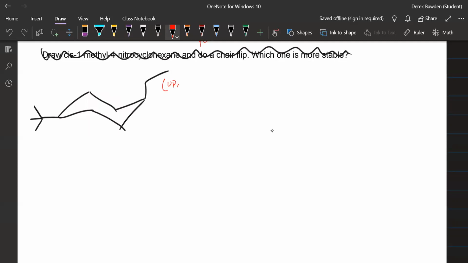Up and what, axial or equatorial? Axial. Beautiful. And then our tert-butyl group over here is going to be up and equatorial. Okay. So now we want to do a chair flip. Okay. And then we're going to determine which one is more stable. All right, so we're going to do a chair flip.